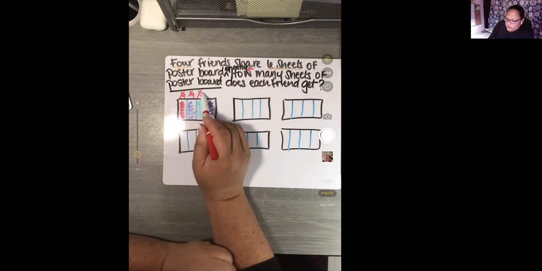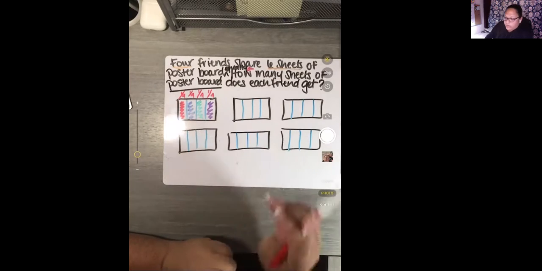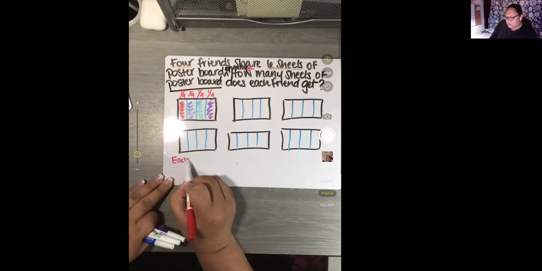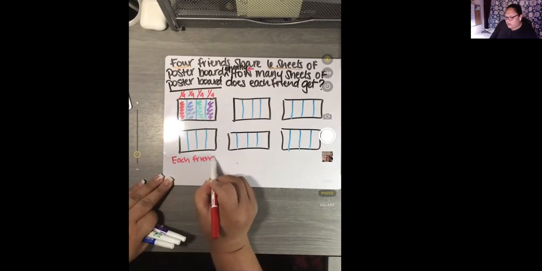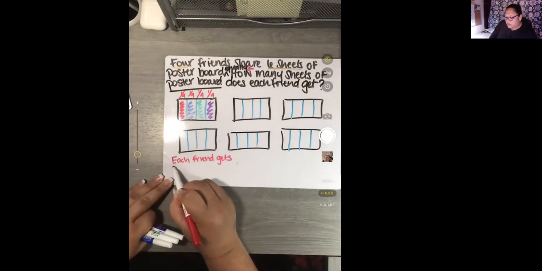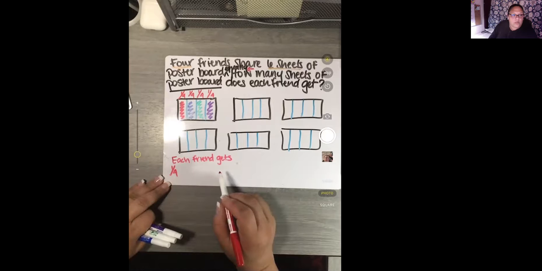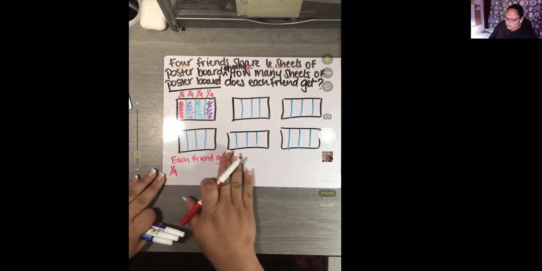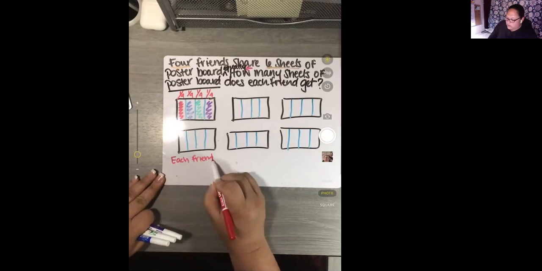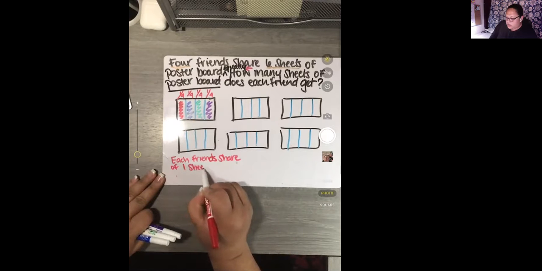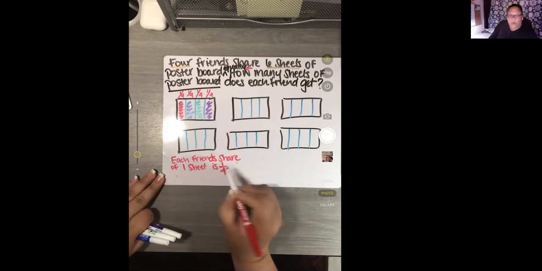Each one gets 1/4. Each friend's share of 1 sheet is 1/4.